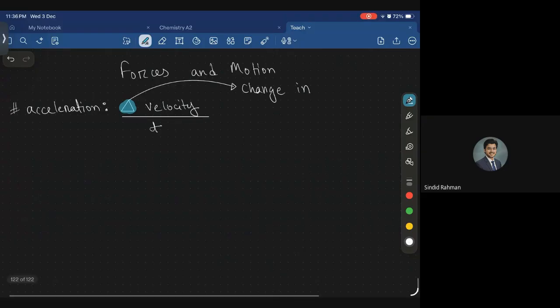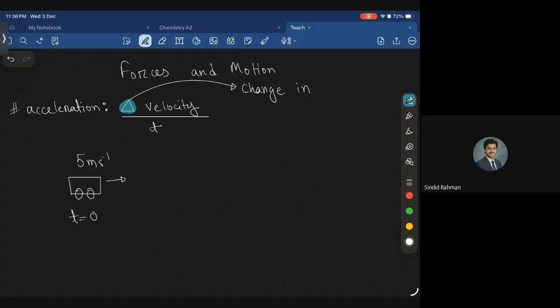Let's say a car is moving at a speed of 5 meters per second. At time equals 0, the car is moving with 5 meters per second speed.